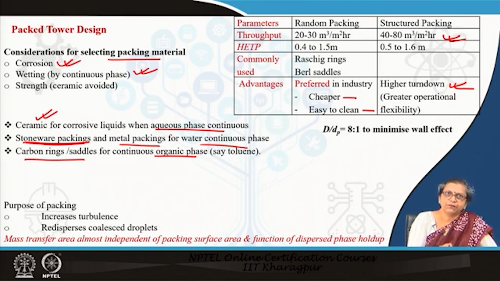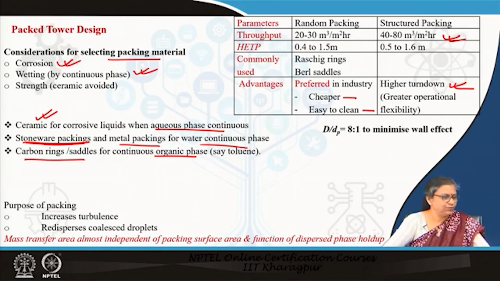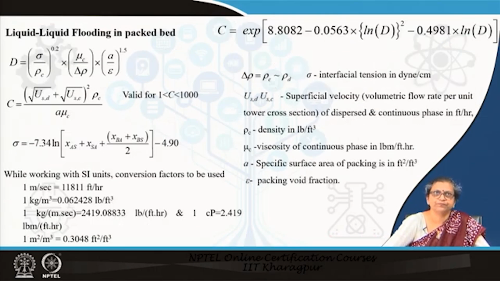So, the packing surface does not influence the mass transfer, or the mass transfer area is almost independent of the packing surface. It is a function of the dispersed phase holdup, because mass transfer occurs around the droplets. Packing is kept just to increase the turbulence and to redisperse the coalesced drops.